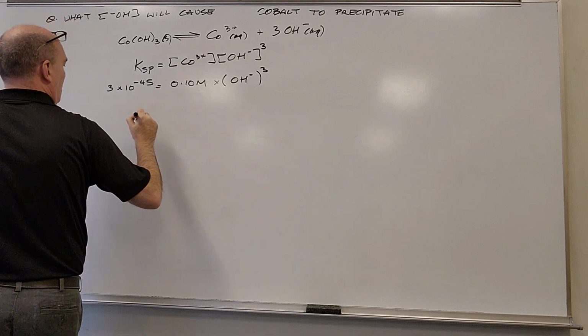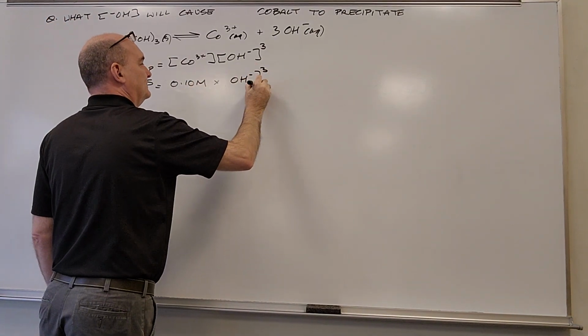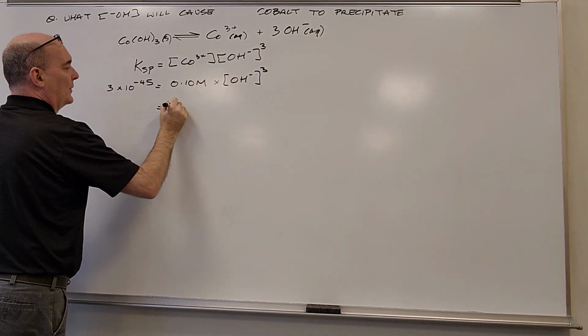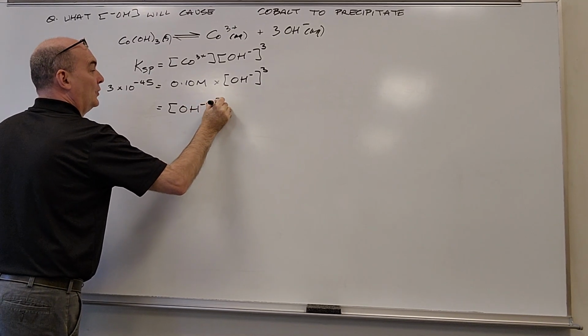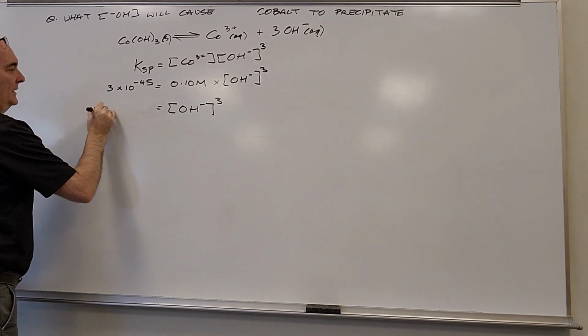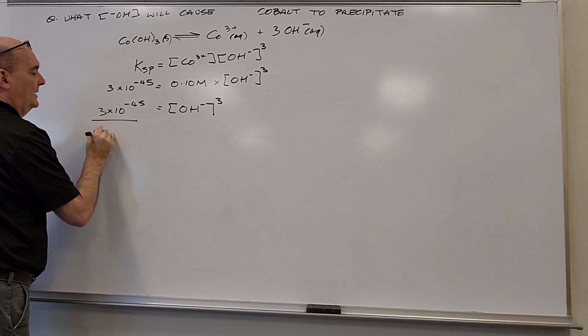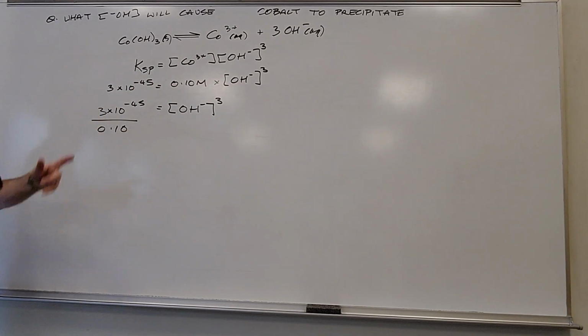Okay. That should be square brackets, because it's still a concentration. Okay, so the concentration of hydroxide cubed is 3 times 10 to the negative 45 divided by 0.10. Just moved it over.